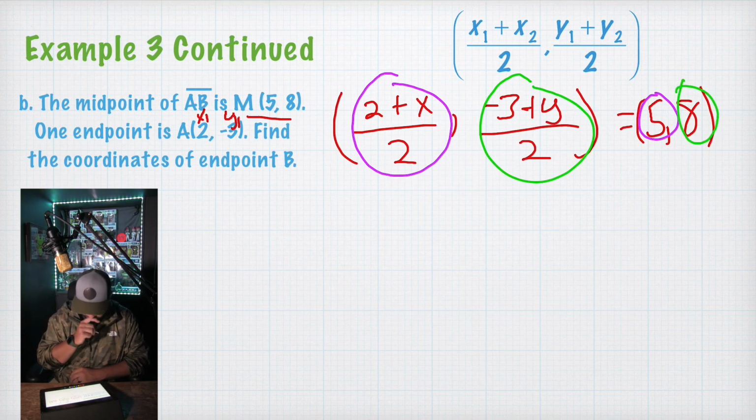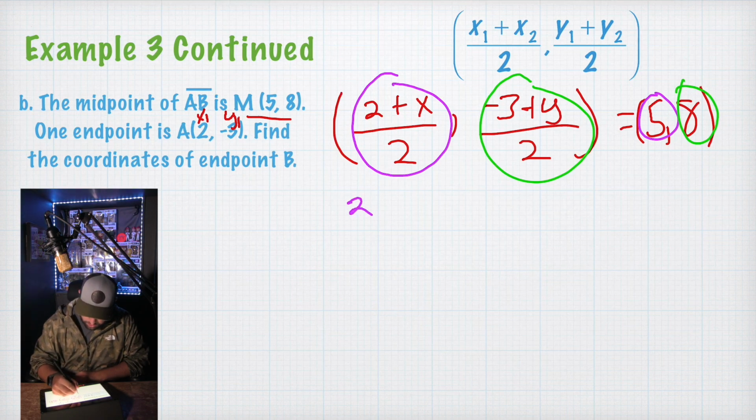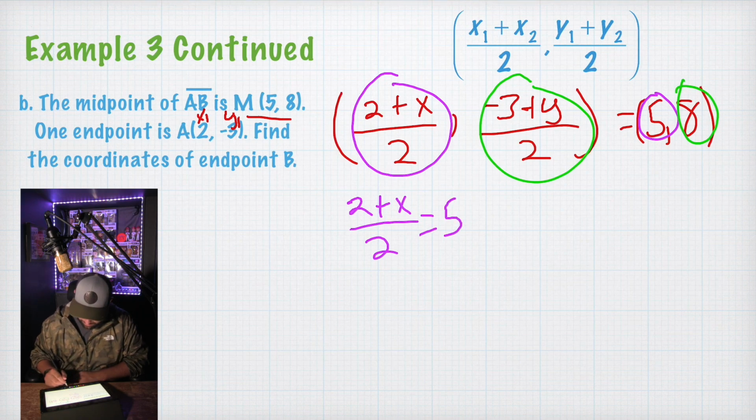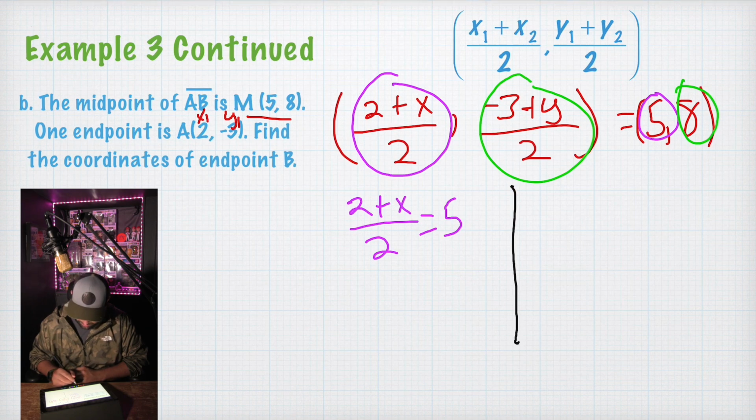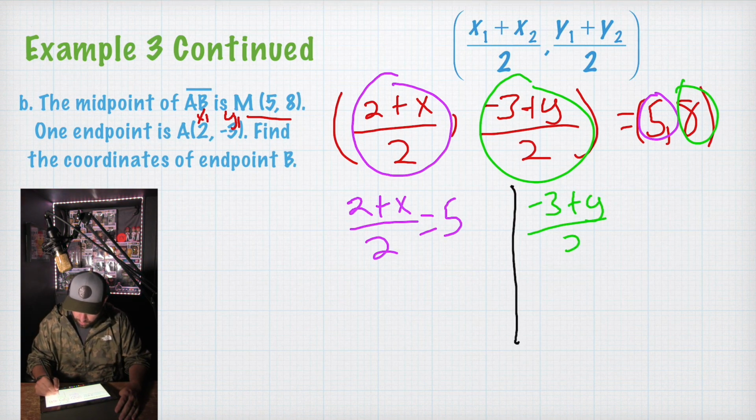So here we go. (2 plus x) over 2 equals 5. Okay? And then our y equations are going to be (negative 3 plus y) over 2 equals 8.